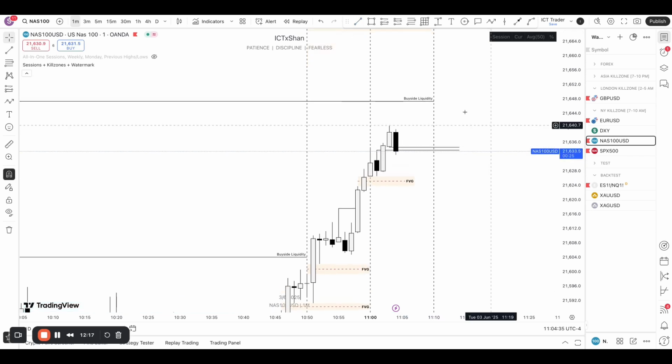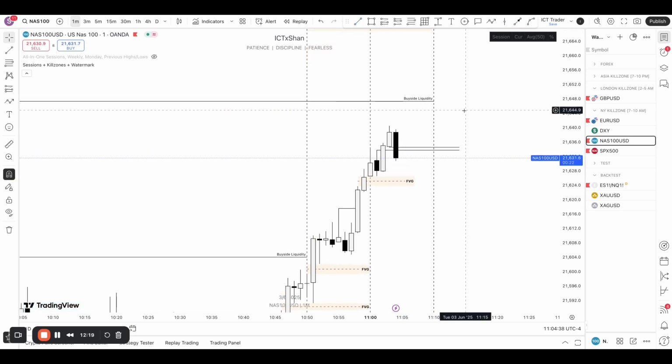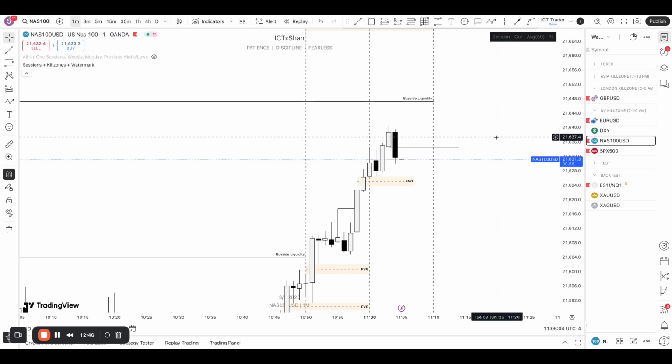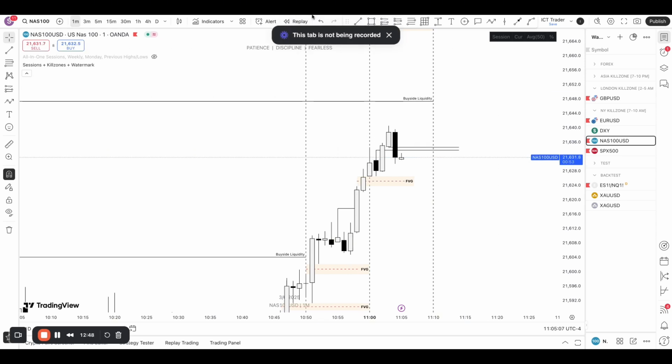Okay, that's a fair value gap, but we have to wait till the candle closes, so then only we can end the trade. If the body closes below the fair value gap, then we'll end the trade. And NQ, yes.